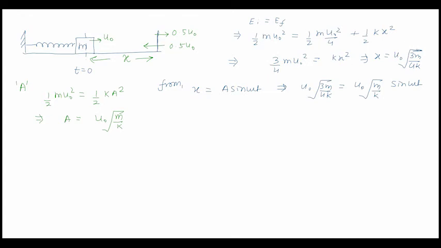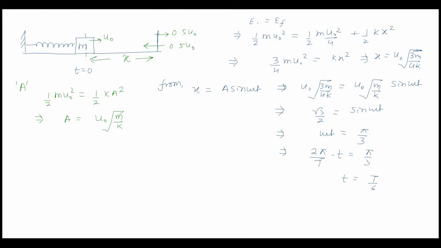From here we obtain root 3 by 2 is equal to sine omega t, and omega t during the first collision can be written as pi by 3. Omega can be written as 2 pi by capital T, so 2 pi by T into small t is equal to pi by 3, and from here we obtain small t as T by 6, which we can write as the total time of flight.